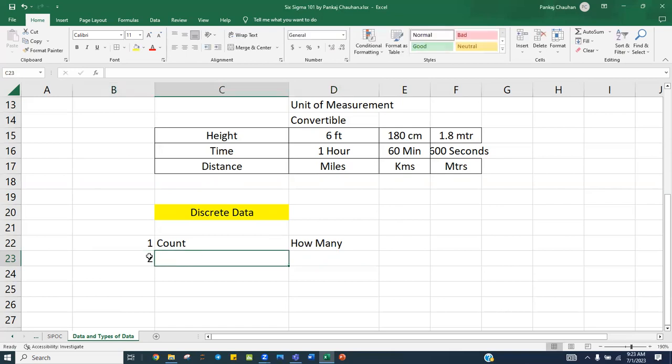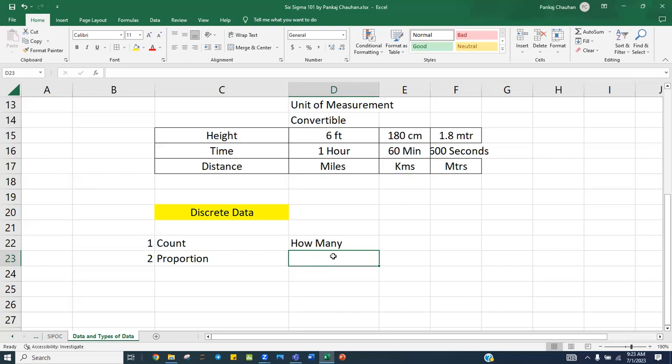The second category of discrete data is proportion. Proportion means the percentage. You take how many is the value out of the total, and you calculate the percentage. That kind of data is proportion.